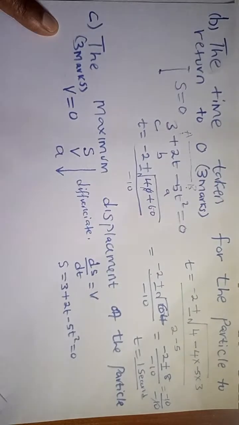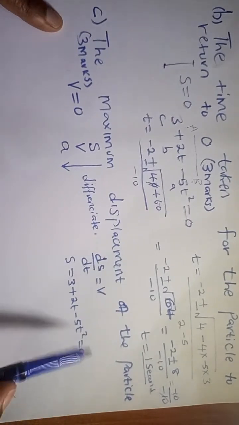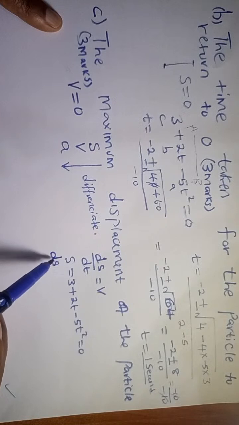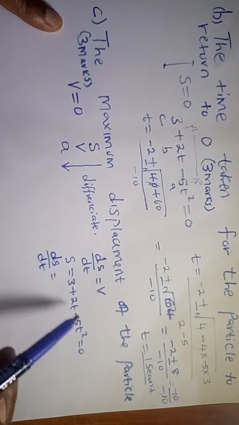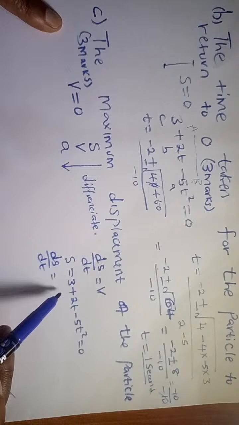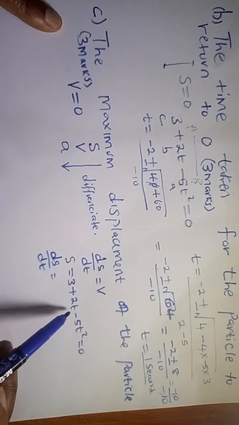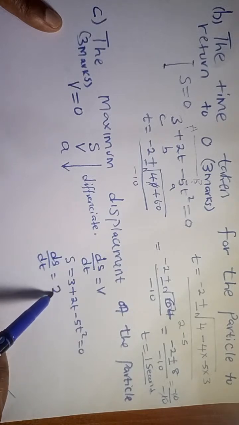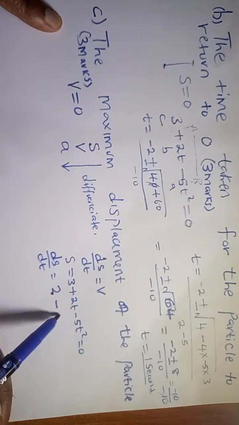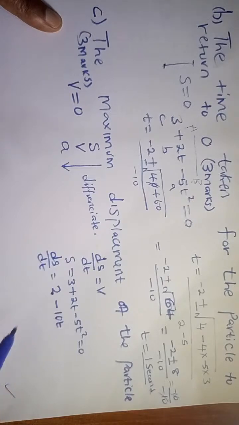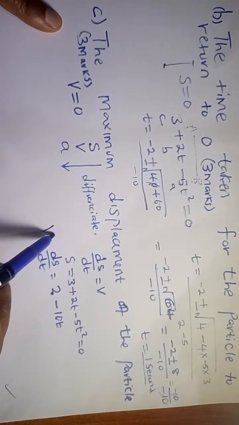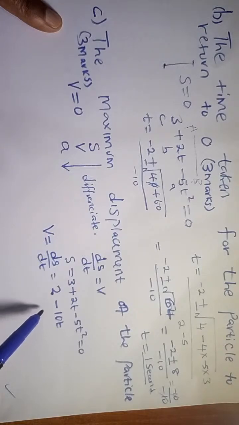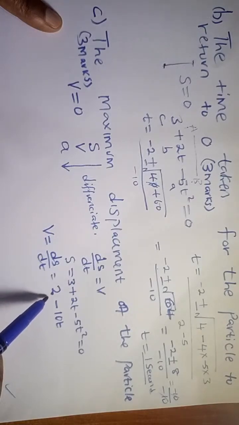On differentiating we should get 2 minus 10t. That is the equation for velocity upon differentiating in the right way.